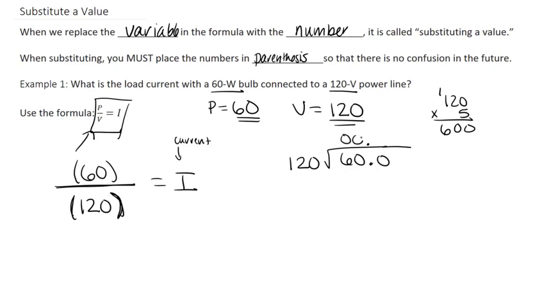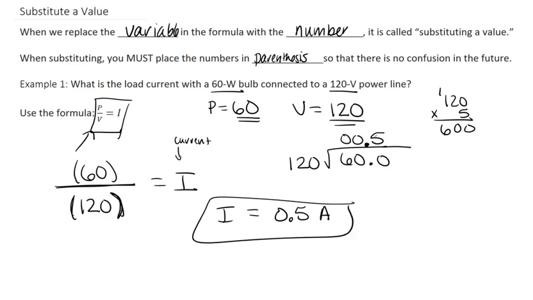So we have 600, and we know 120 can go into 600 5 times. Notice we brought up that decimal. So our solution for current is I equals 0.5 amps. So we can just put A.